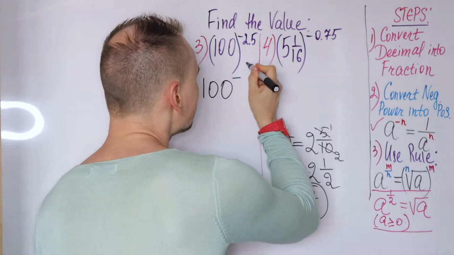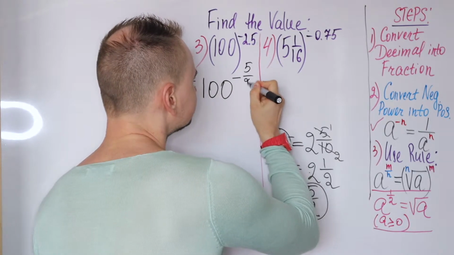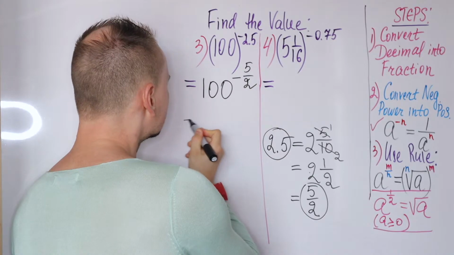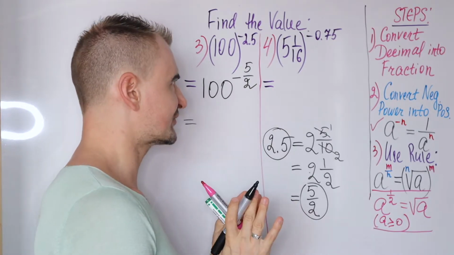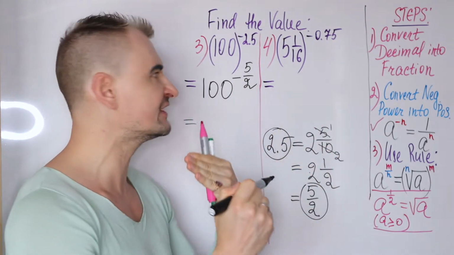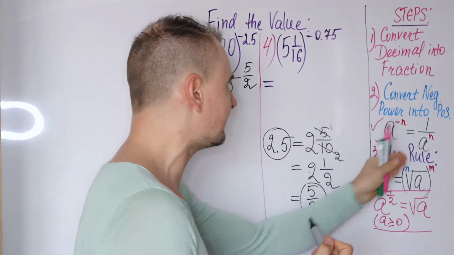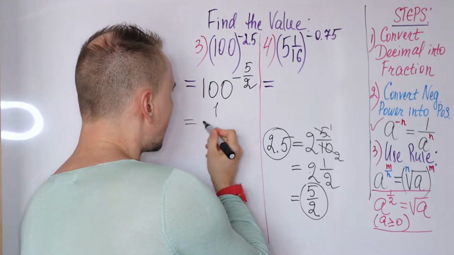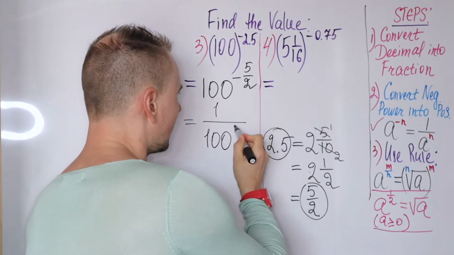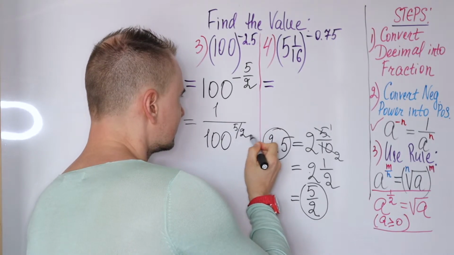So your power becomes 5/2. And at this point, the same steps. You want to convert this negative power into a positive by taking the reciprocal. So it becomes 1/100 raised to the power of 5/2.